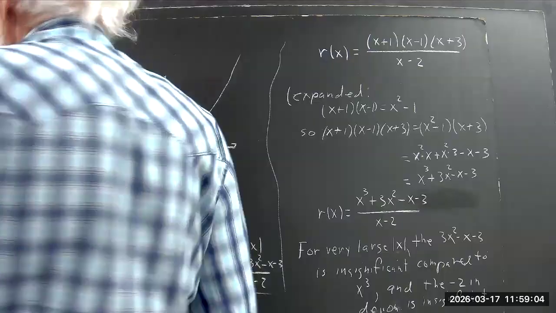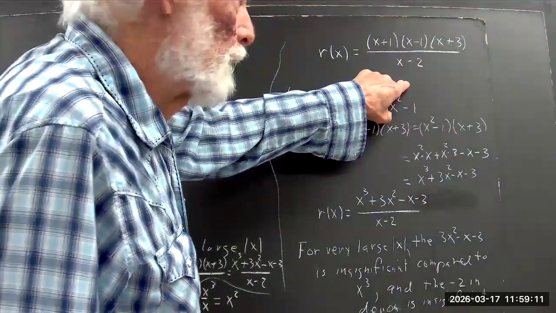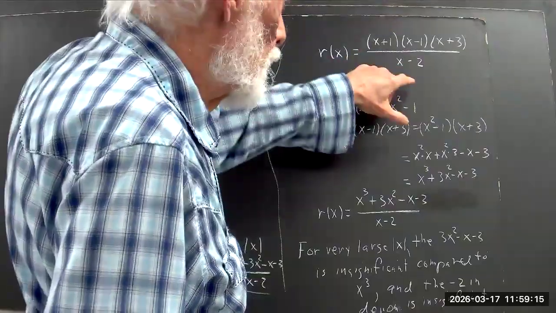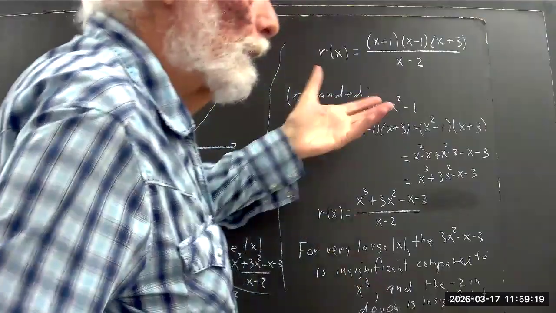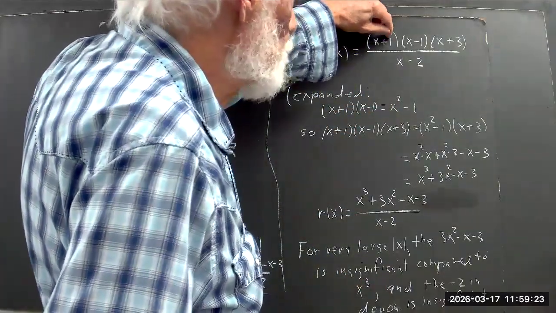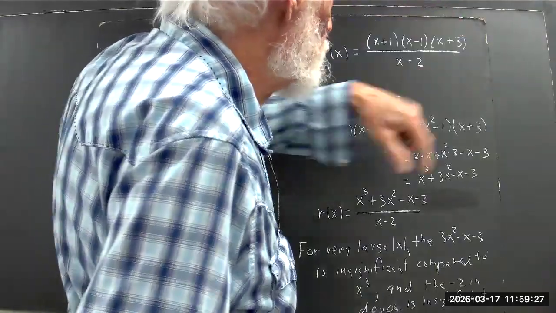When x equals 2, the denominator is 0. If you have a denominator of 0 and a numerator that isn't 0, and you can verify that if x is close to 2, the numerator isn't close to 0. Matter of fact, if x is close to 2, the numerator is close to 2 plus 1, multiplied by 2 minus 1, multiplied by 2 plus 3.